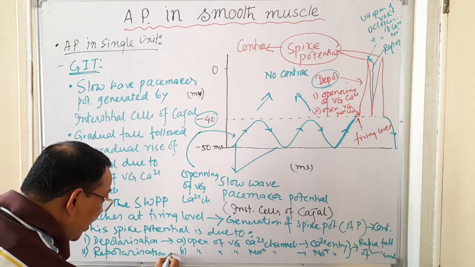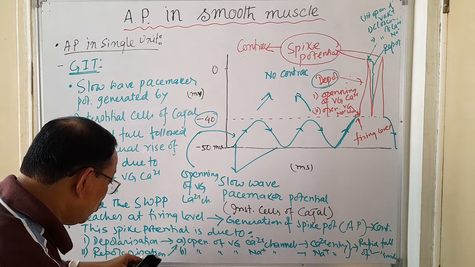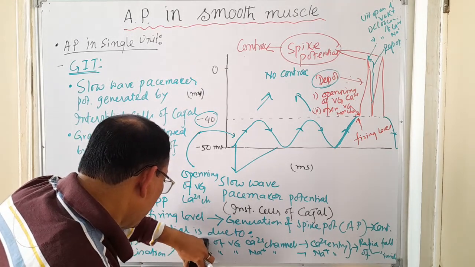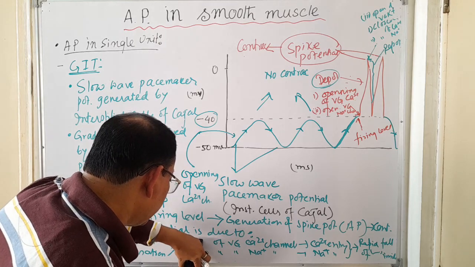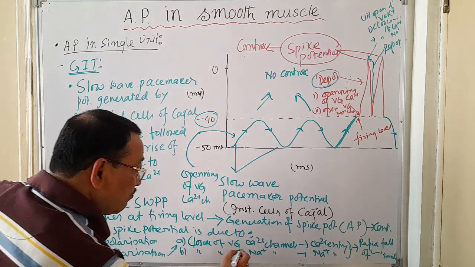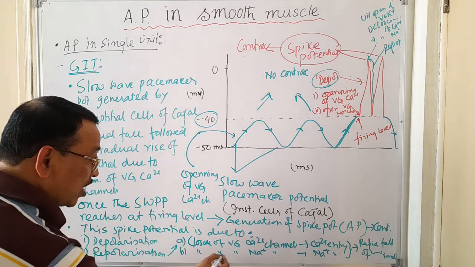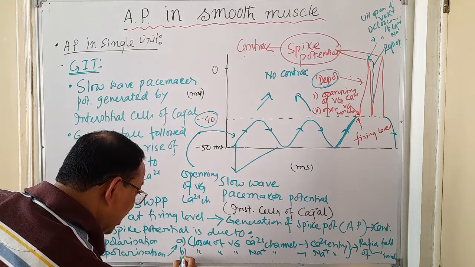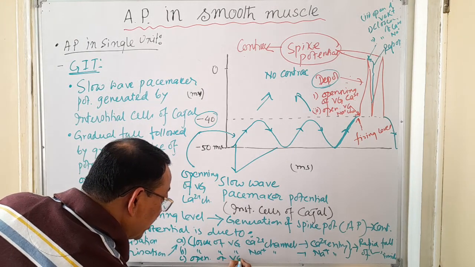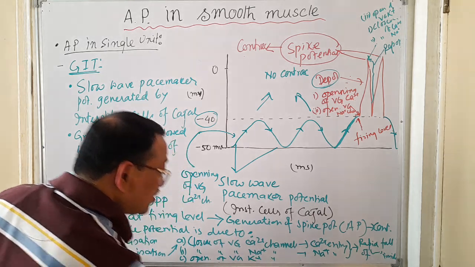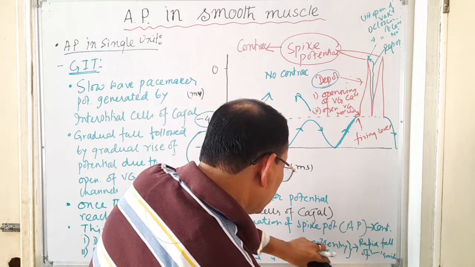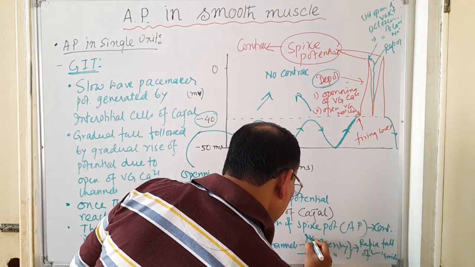And this repolarization is due to, number one, closure of voltage gated calcium channels, number two, closure of voltage gated sodium channels, and third one is opening of voltage gated potassium channels. As calcium channels close, no calcium entry.